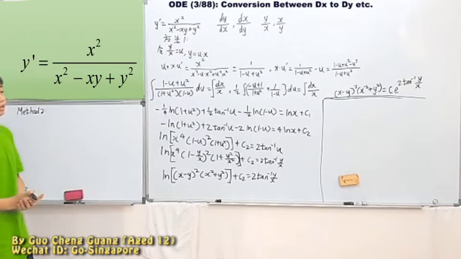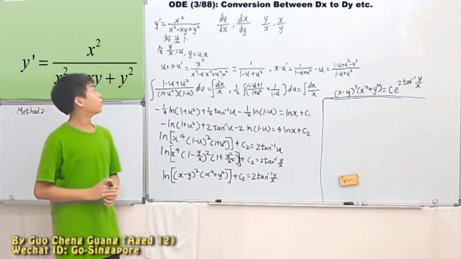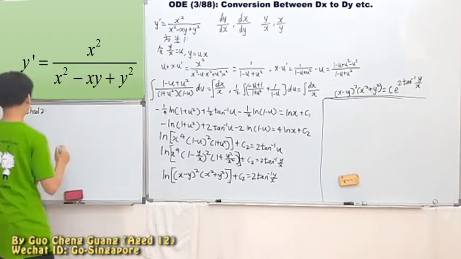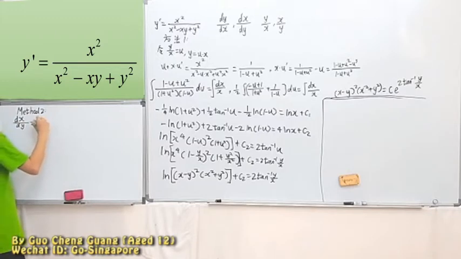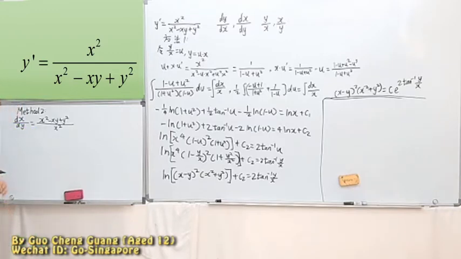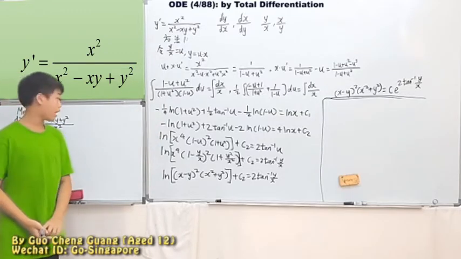For the second method, would we take the reciprocal or not? Well, we can take the reciprocal. Let me just write this down first. If we take this reciprocal form, later during this substitution, how would you want it to be, y over x or x over y?